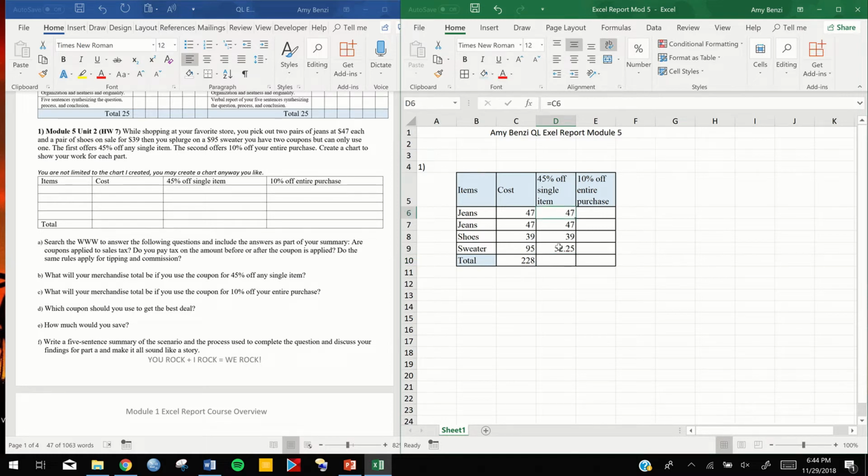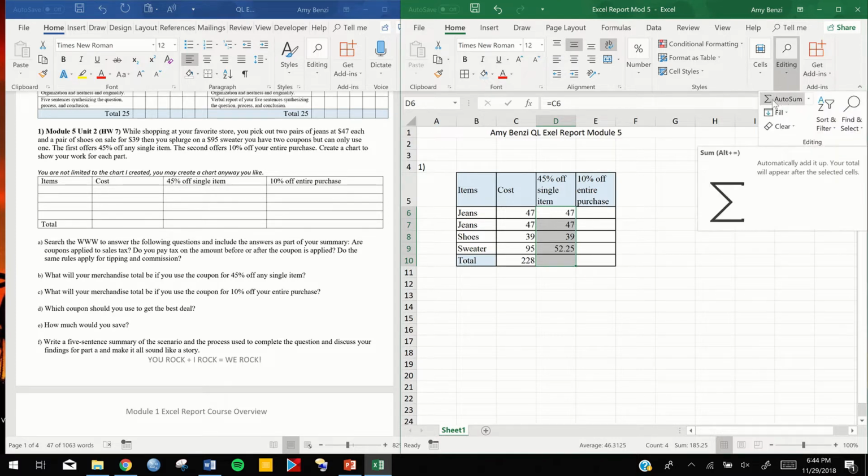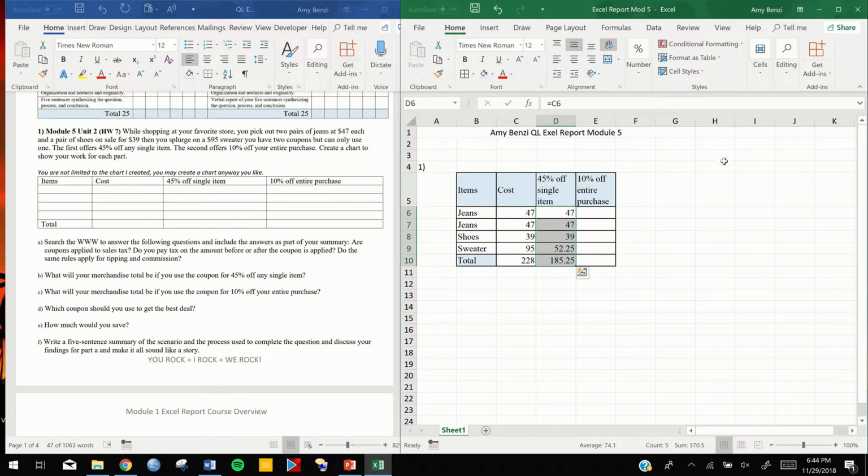Cool. Now I am going to again apply my sigma. Sigma is just a Greek letter that we use to notate adding stuff up. And here now I have the same thing, 10% off my entire purchase. All right, fine. I'll go ahead and just Control C, Control V this.